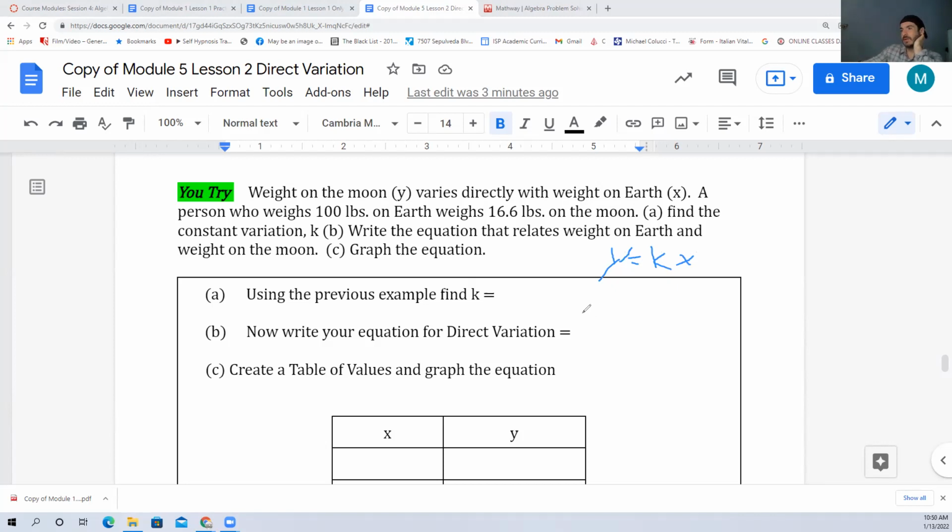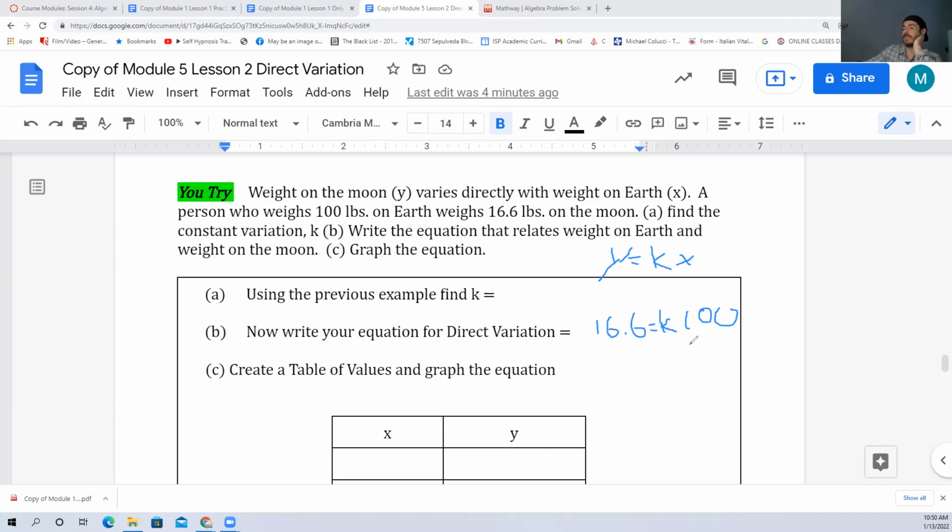So a person who weighs 100 pounds on Earth, that's our x. So k times 100 equals 16.6 pounds on the moon.